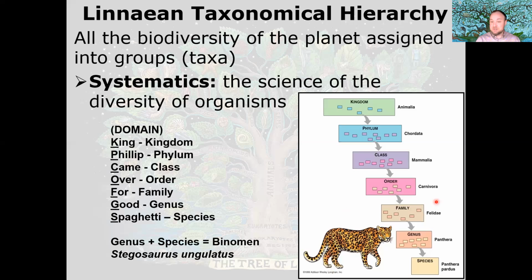The genus is Panthera, and the species is Panthera pardus. Only once you get all the way down to the species level do we know exactly what organism you're talking about. And again, Panthera pardus, these leopards, can only successfully, viably interbreed with other leopards. That's the only one of these bins that's real, that has natural significance.